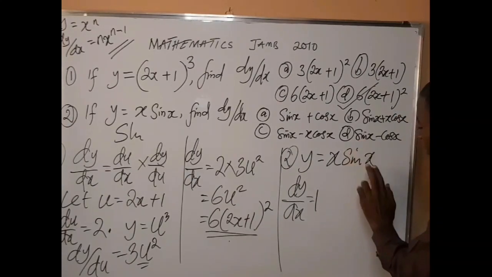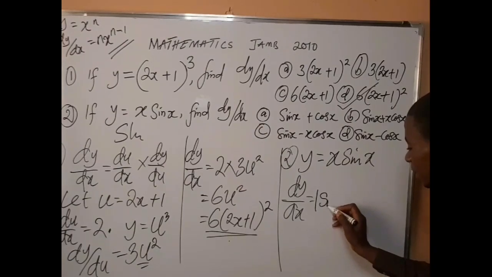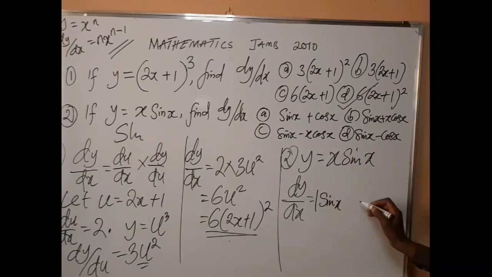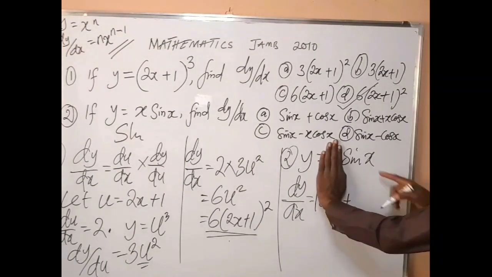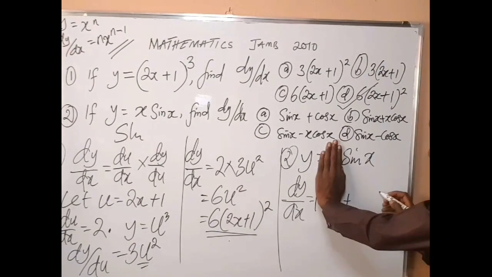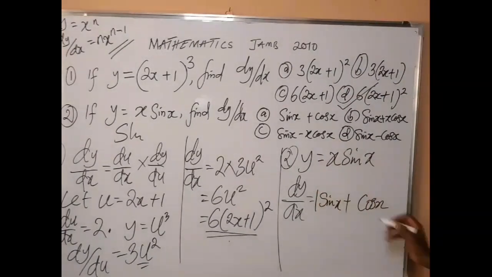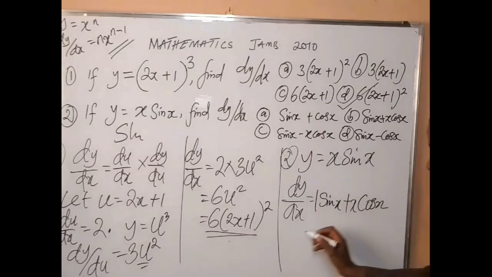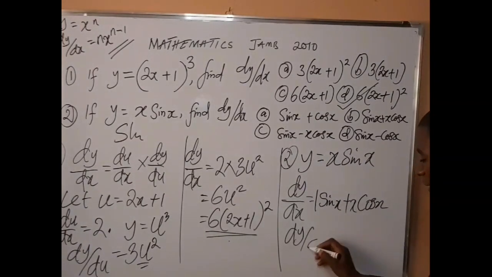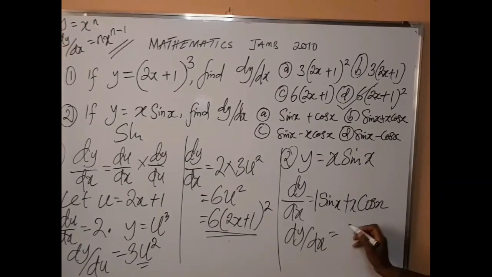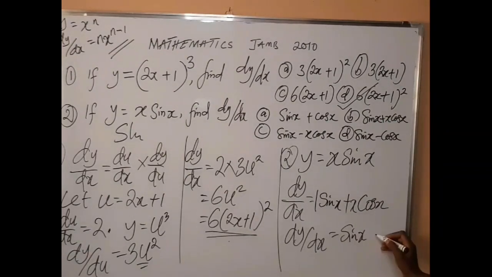Okay, then replace this, you have sin x plus. Then you close this and you differentiate sine. When you differentiate sine, you have cos x. Then you replace this, you have x. So finally, our dy/dx will be equal to sin x plus x cos x. So this is the answer of the second question.